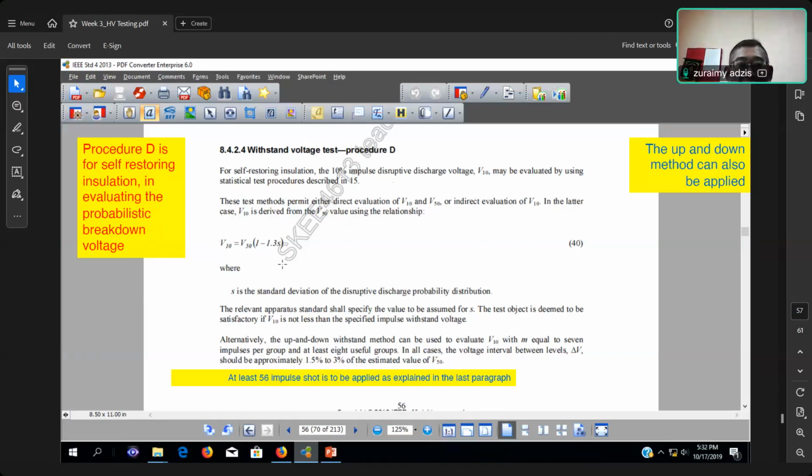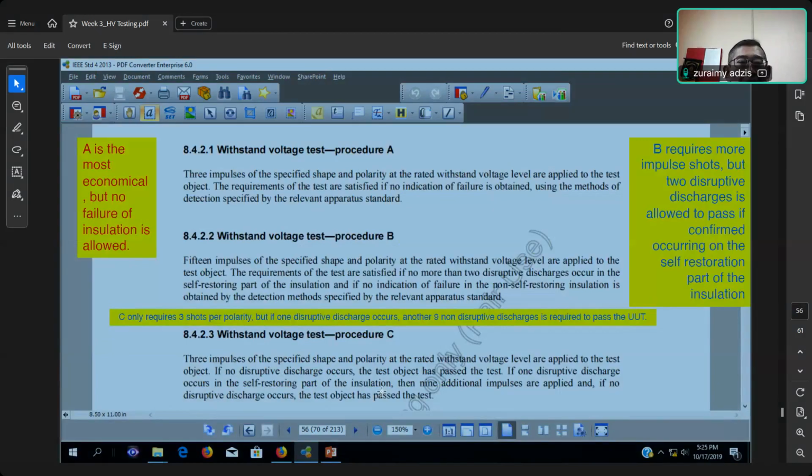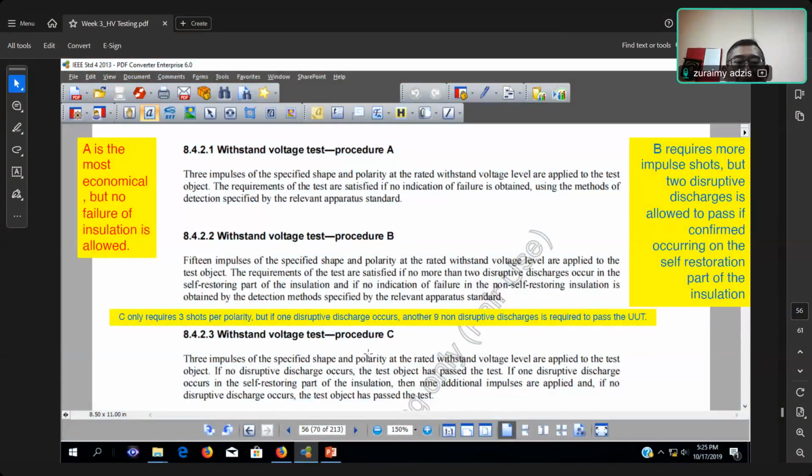Then you do the test, you get the data, and I have summarized that at least 56 impulse shots are to be applied, as explained in the last paragraph. So 56 impulses here, and you get the V10.